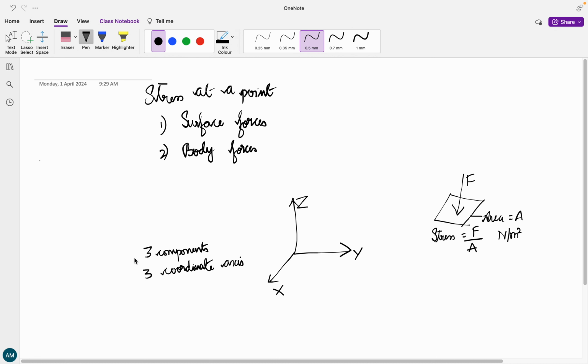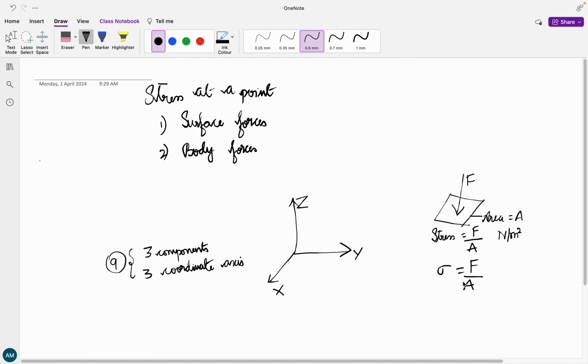So if you want to represent the components of stress at a particular point, that is the stress tensor, then you are going to have 9 components of stress. Okay, so 3 into 3, it is going to be 9. The 9 components of stress are used to define the state of stress at any given point. As you know, stress is denoted using the symbol sigma.